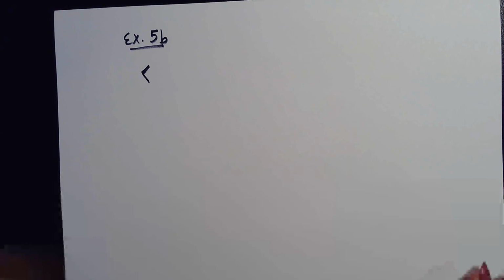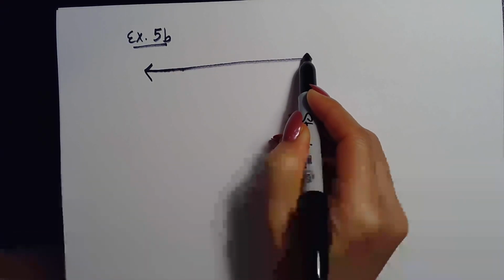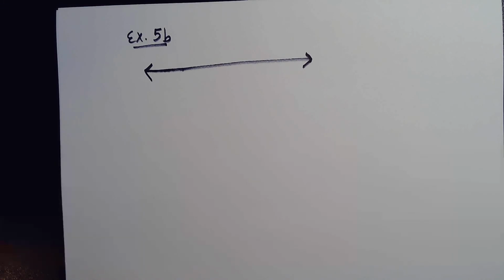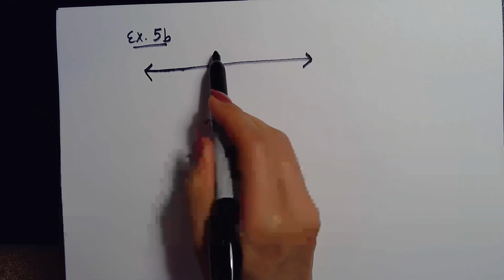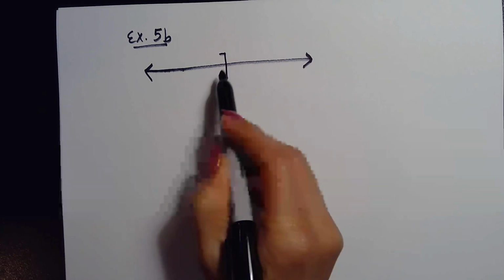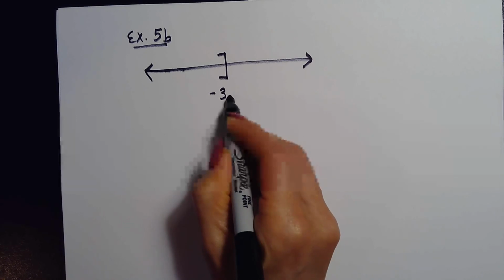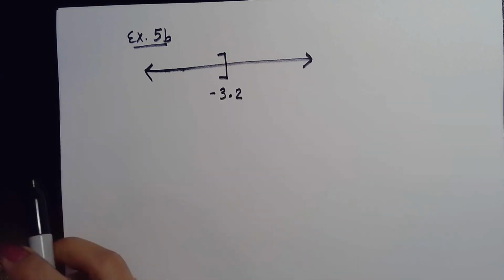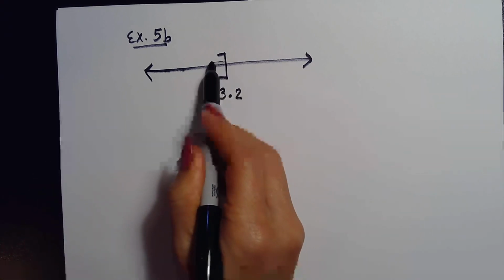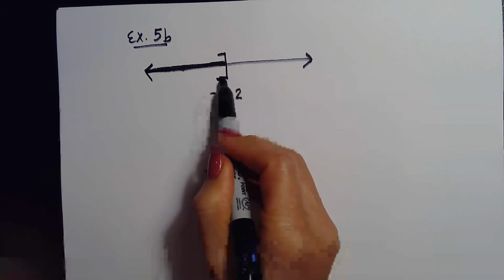You have a graph that looks something like this, and it has the bracket here. It's a closed parenthesis at -3.2, and it is shaded towards the left, and it has a closed parenthesis.